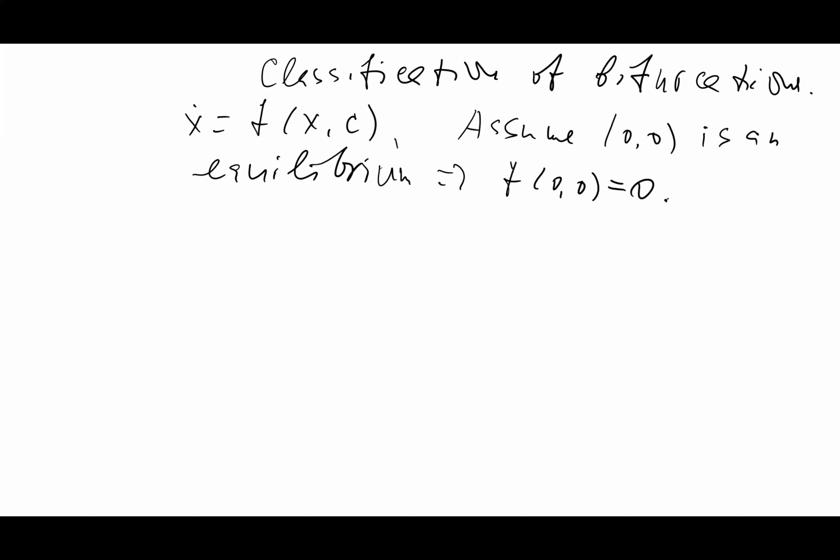This is the first point. Then we know that if this equilibrium is hyperbolic, then we will not have any bifurcation there. We discussed it in the previous lecture. Therefore, we assume that this is a non-hyperbolic equilibrium: the derivative of f over x at (0, 0) is 0.